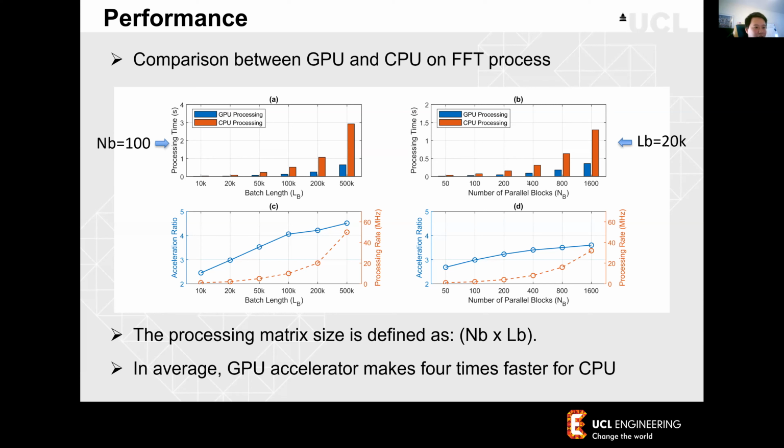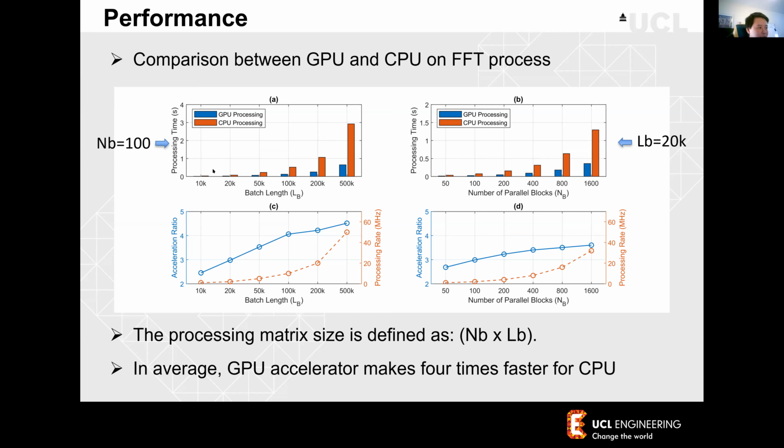And in B and D, I kept the length of the batch at 20K, and the total matrix size for the processor is defined as the number of blocks multiplied by the length of the batch.